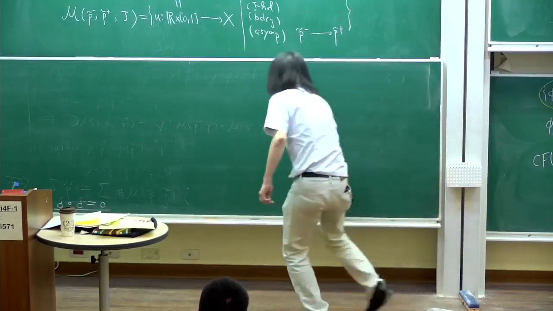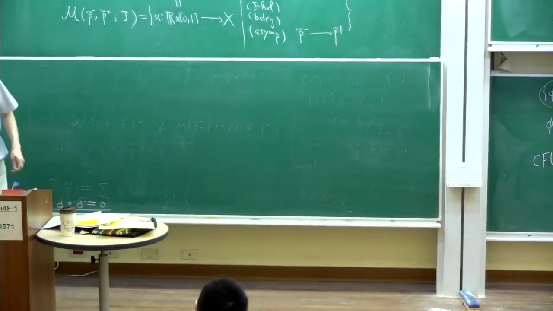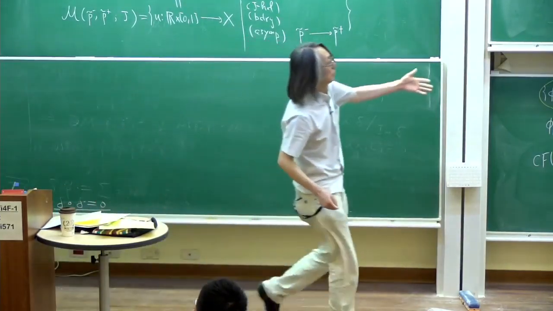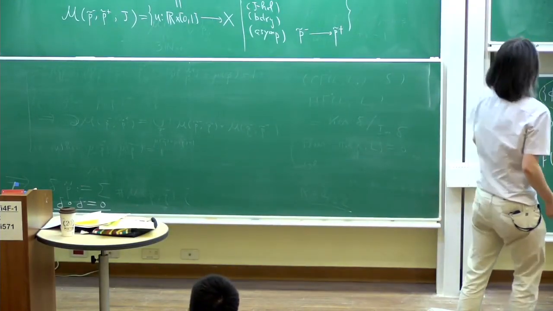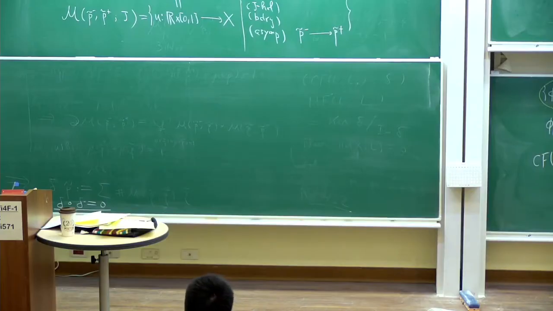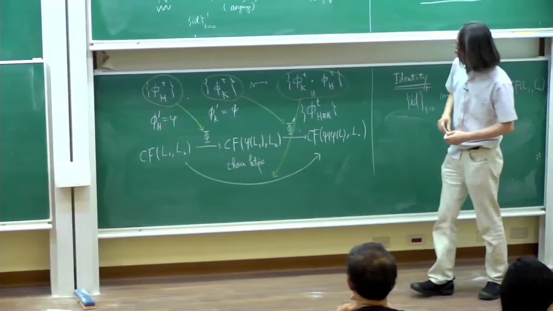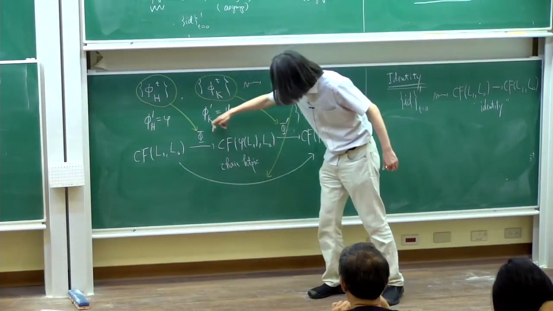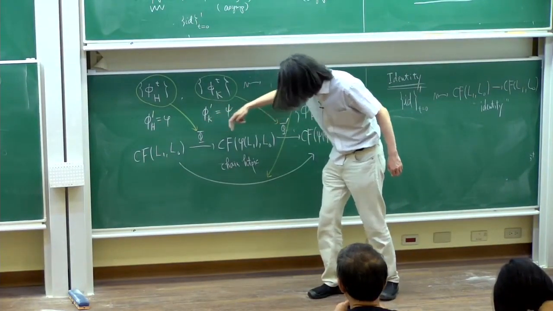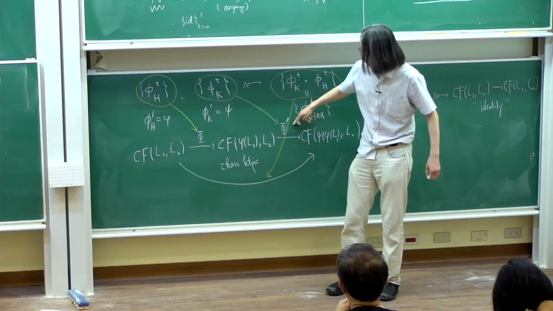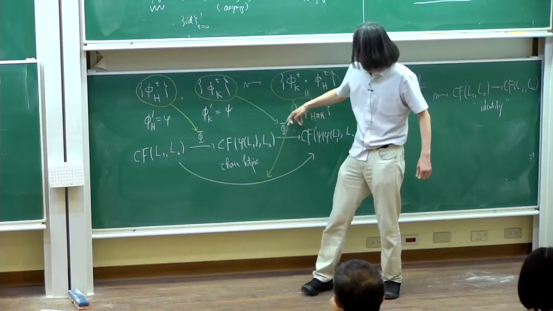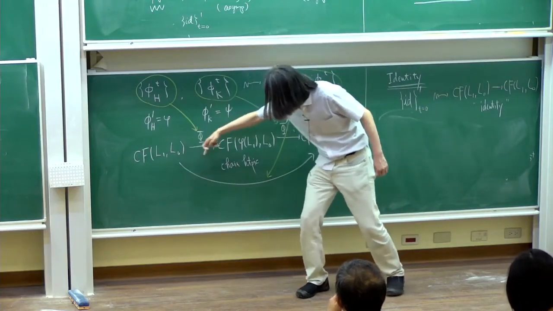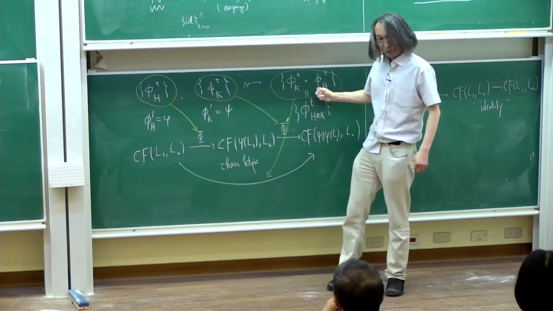Okay, so now I have these things, and how can we see this? Maybe I cannot really tell you the whole story, but for this one, the relation is that you have this phi and phi prime, and from this phi and phi prime you can cook up some homomorphism from here to here, which need not be this.